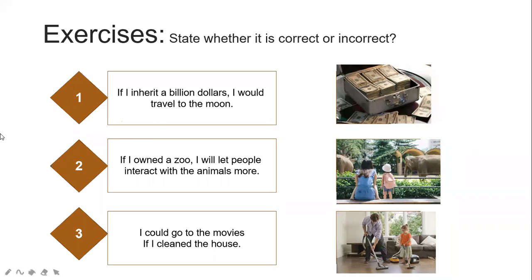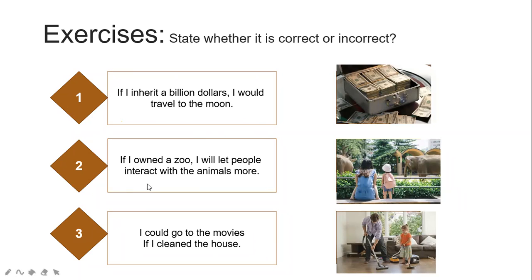Betul apa salah nih? Salah. Yang betul? What is the correct one? If I inherited $1 billion, I would travel. Nah, harusnya past tense. Karena kan sini ada I would ya.